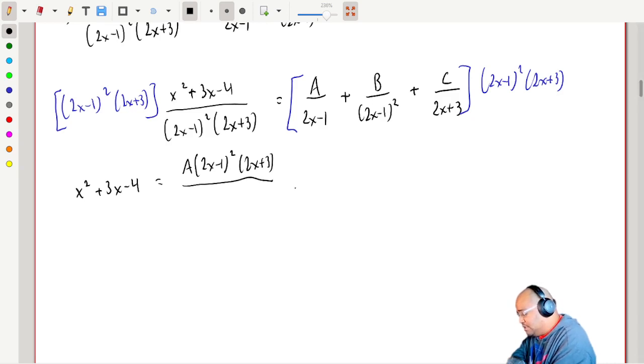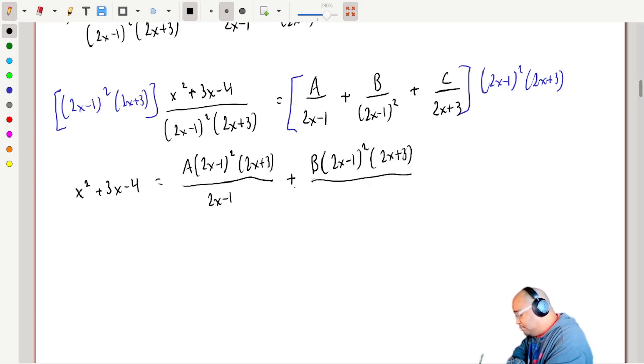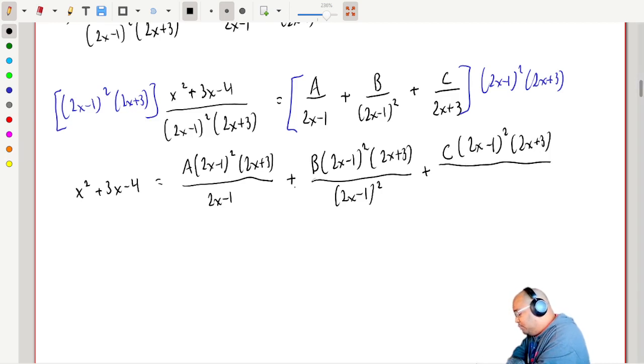And hopefully you'll be able to see the pattern, so you don't have to write this down every time, but it's a good idea to write this down. Okay, then for the b term, same type of numerator. And in the denominator here, 2x minus 1 squared. And finally, still have the same numerator here for c. And on the bottom, we have 2x plus 3.